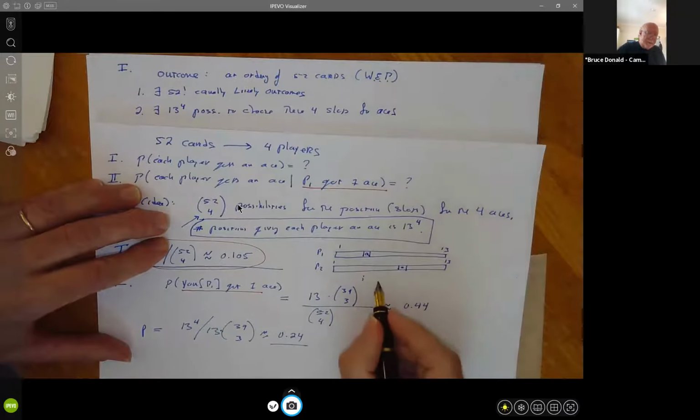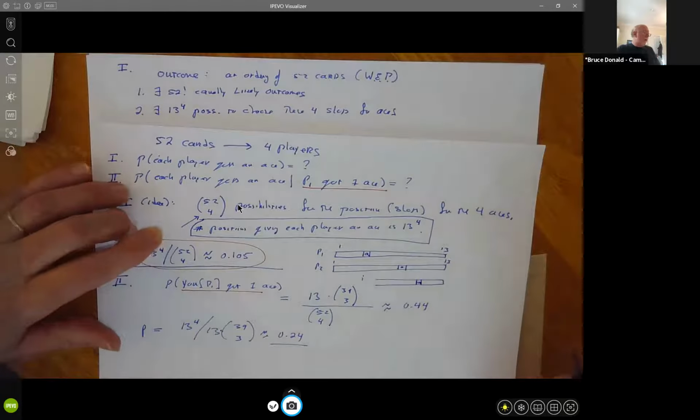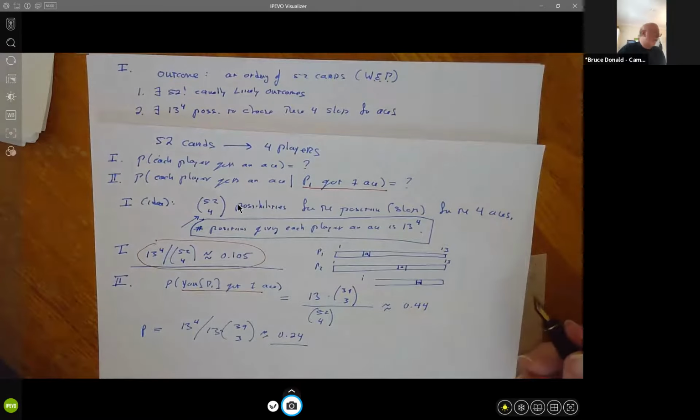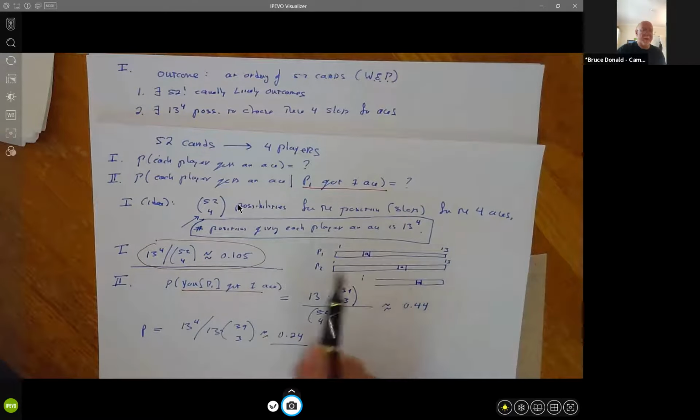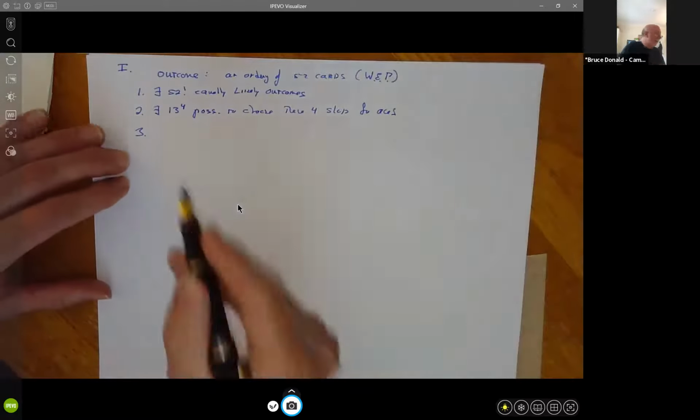I'll draw one more down here, just 3 aces here. I haven't said what aces go where, so I have to consider all possible orderings. For example, I could have spades, diamonds, clubs, or I could have clubs, spades, hearts, or all these different things in those places. So I have to basically mod out or correct for the number of orderings. The number of choices to fill these 4 positions with 4 different aces is obviously 4 factorial. So I have to take that into account.